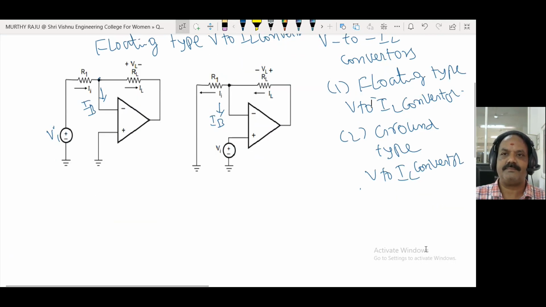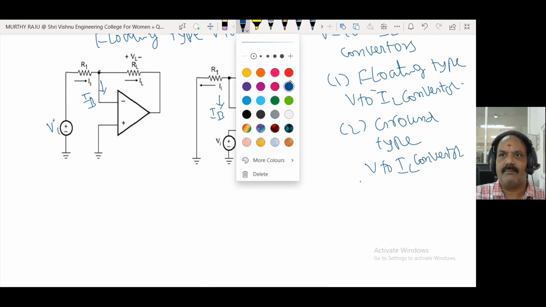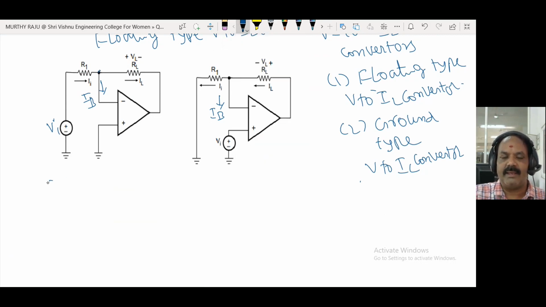Analysis. This is the VA. The current coming from the VA is IA. IA is equal to IB plus IN. Consider the op-amp is an ideal one. IB is equal to 0.